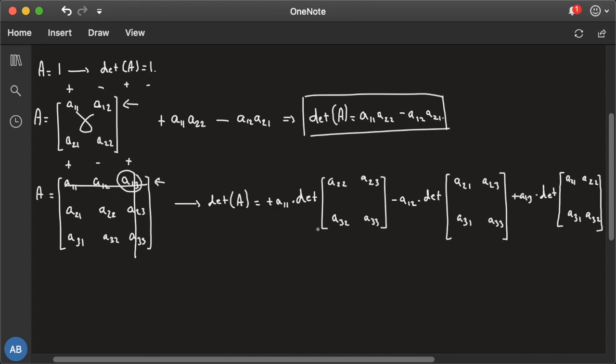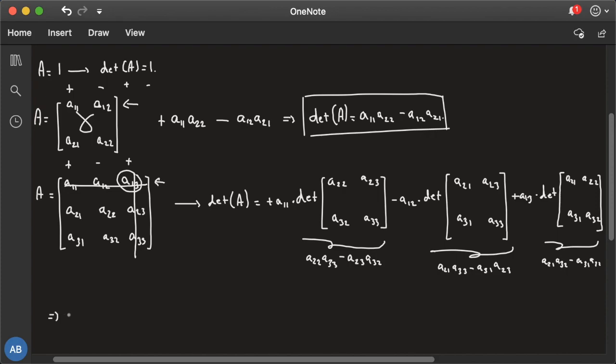Right? So now let's compute the determinants of the smaller 2 by 2 matrices. Using what we had previously, this guy becomes A22 A33 minus A23 A32. This guy is A21 A33 minus A31 A23. And this guy is A21 A32 minus A31 A22, right?